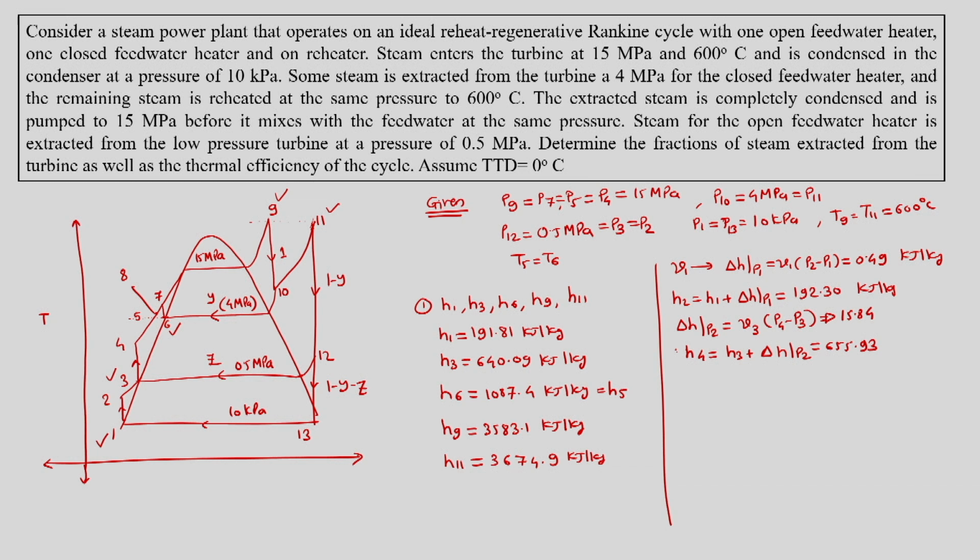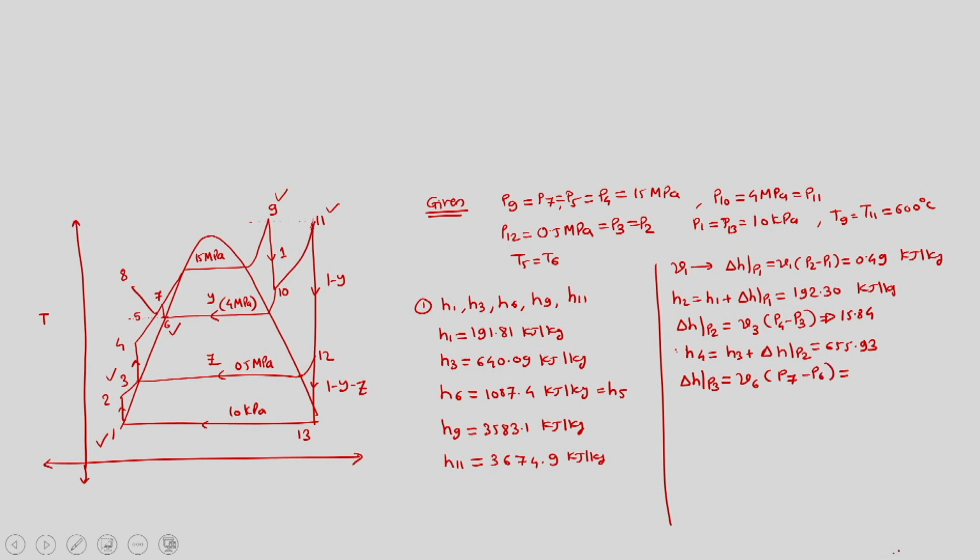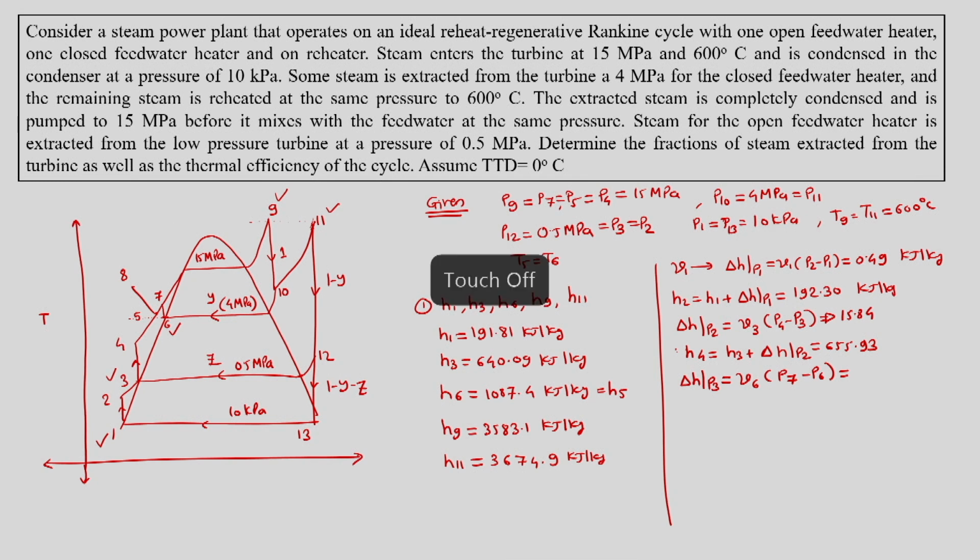So, knowing all these things, now we can move ahead and find out H7 also. For that we can get delta HP3, which is specific volume at 6 into P7 minus P6, and this gives us value of delta HP3 equal to 13.77 kilojoule per kg.